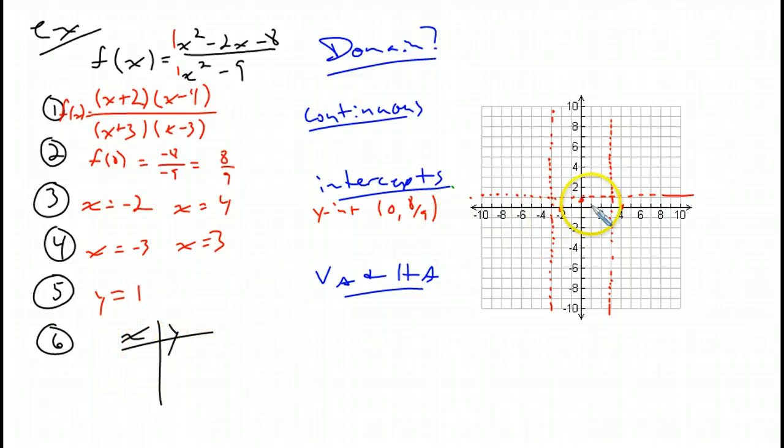So, if I pick an x, say like 2, if I want to see what 2 is, then 2 plus 2 is 4 times negative 2. So 4 times negative 2 is negative 8. 5 times negative 1 is negative 5. So this is 8/5. And 8/5 is, oh, look at that.